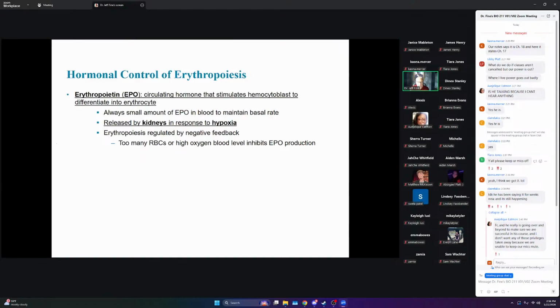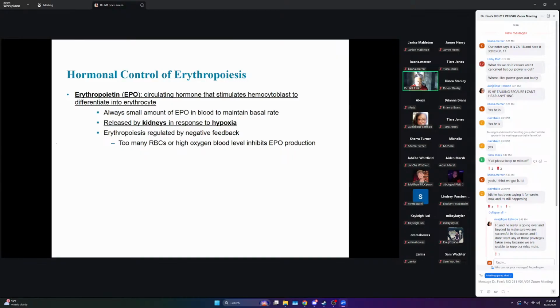If erythropoietin is present, it's going to cause that hemocytoblast to differentiate and become an erythrocyte, a red blood cell. Usually that's because of a diminished oxygen carrying capacity in the body.